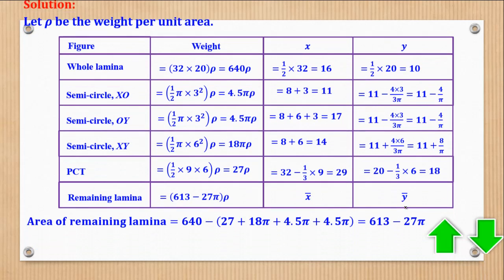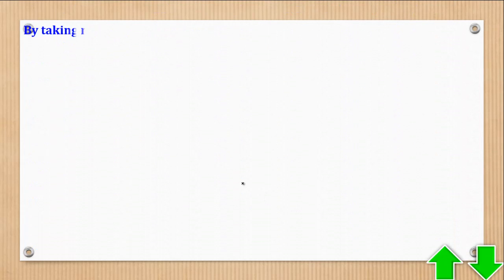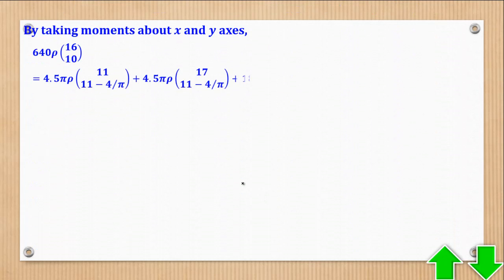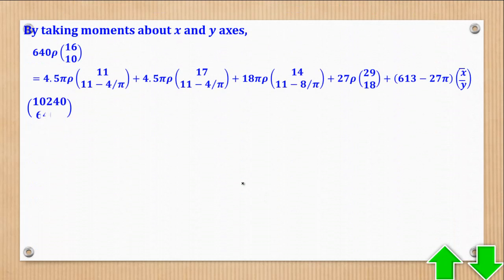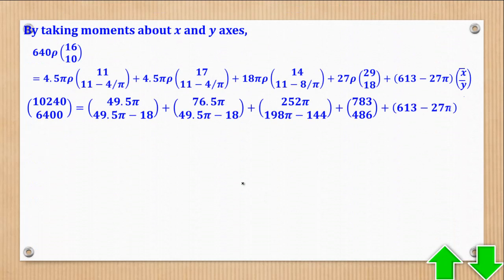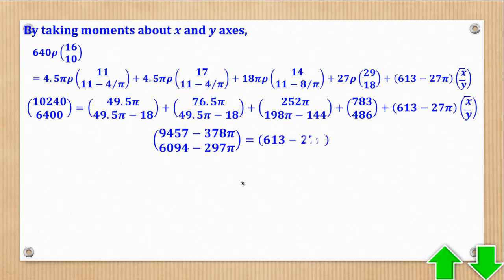So that table we can now take moments. Then we simplify. Collect like terms.